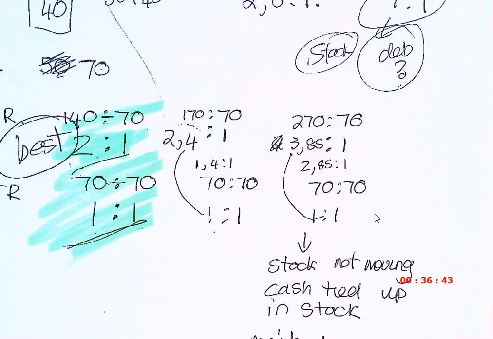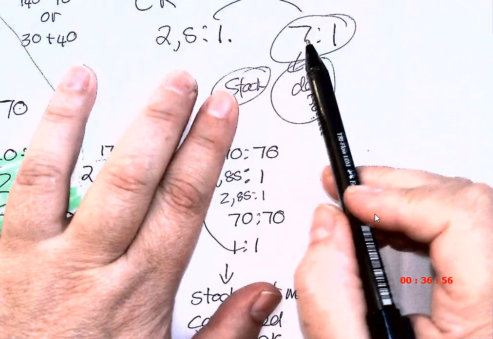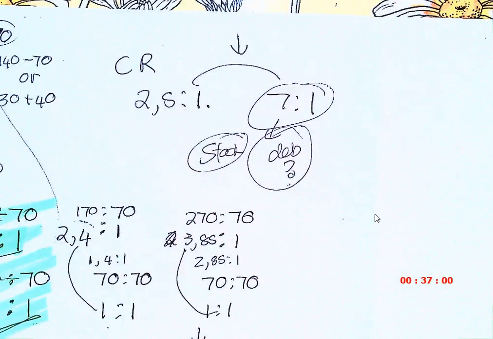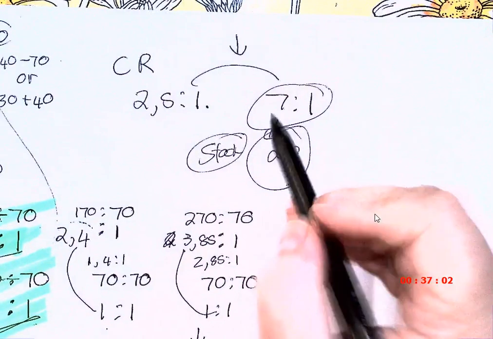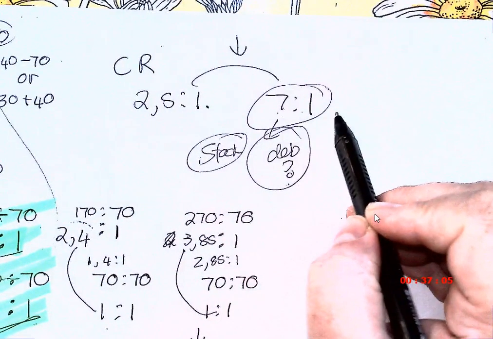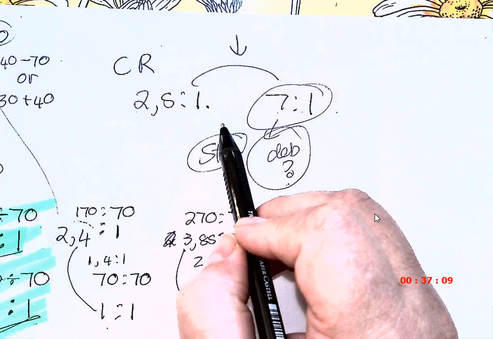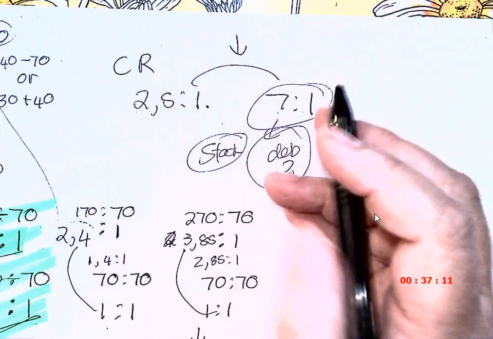But when we answer these things, you don't go and talk all these wonderful things. You keep it simple. So for this, what will you say? You will say, the current ratio decreased from 7 to 1 to 2.5 to 1, which is good.